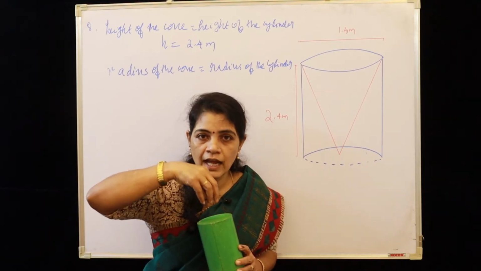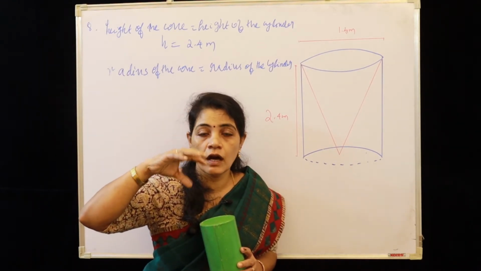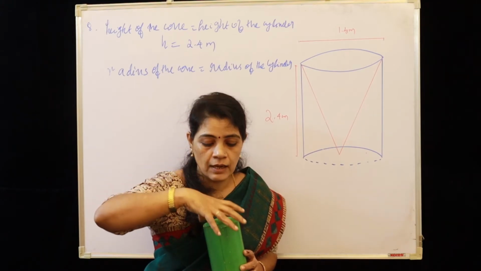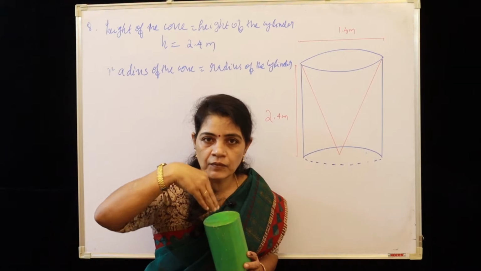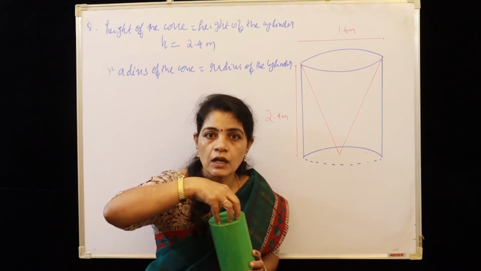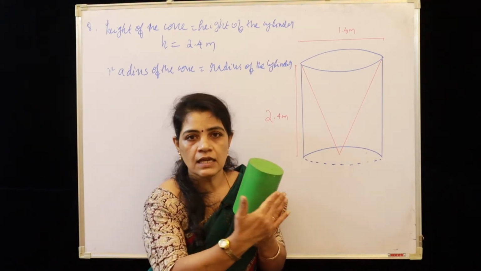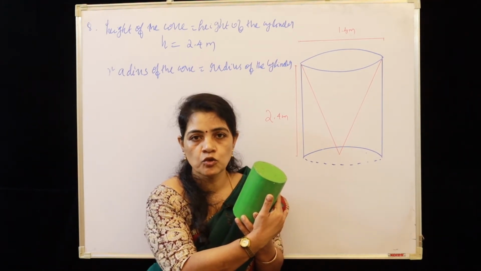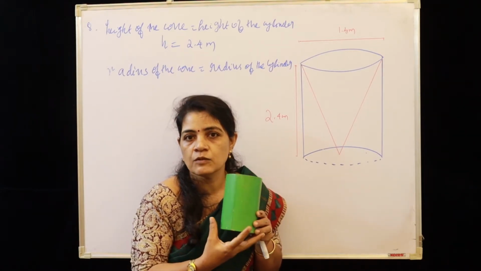That means you have to wrap. I already told you, in case of TSA, you think of that idea: what is the amount of paper needed to wrap that remaining solid. You have to wrap the conical cavity formed after it is hollowed out from the solid cylinder, and the CSA of the cylinder, definitely that is 2 pi RH, and you have to wrap the area of the base of the cylinder, that is pi r square.